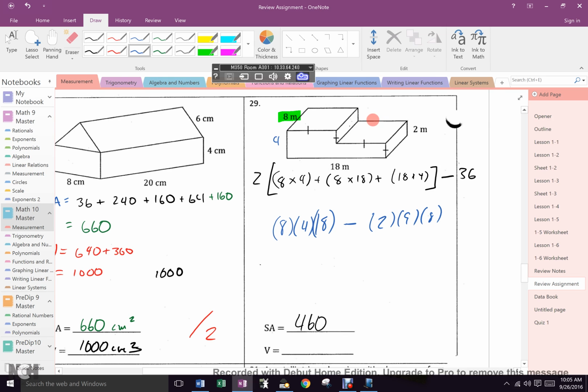Because that's been cut out of the volume. And I would have gotten 432. Again, out of 2 marks. Does anybody want that one explained? Or are we feeling okay? The trick with surface area and volume is to remember this surface is still there. It was not removed. But in volume, we cut a chunk out of that cake, didn't we? So it's taking up less space. Everybody good? Okay.